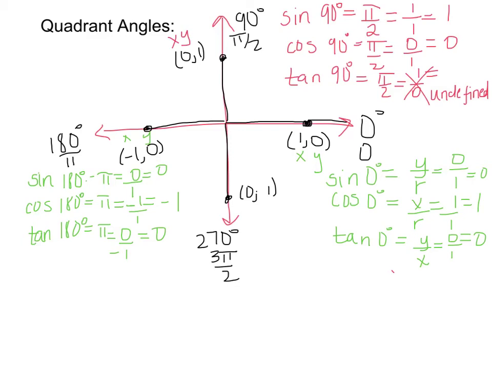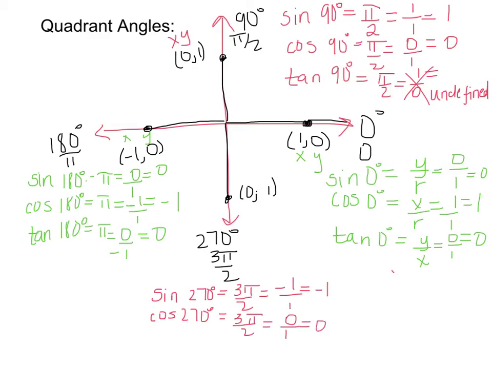And then our last one is 270, or 3 pi over 2. Y over r, that's negative 1. Cosine of 270, or 3 pi over 2, is x over r, which is 0. And then we have tangent of 270, or 3 pi over 2, is y over x.